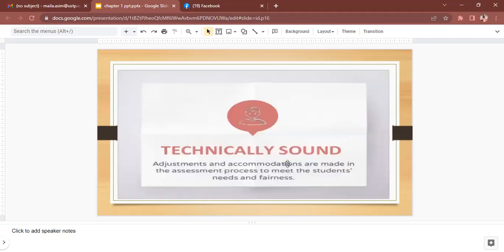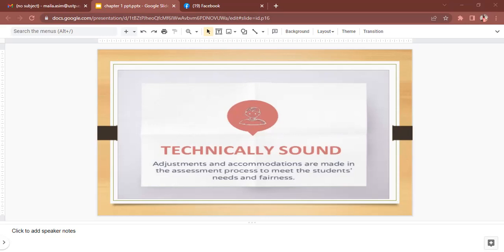Next is technically sound. The 21st century assessment should be technically sound because students demonstrate what they know and how they can apply that knowledge in ways that are relevant and appropriate for them. So adjustments and accommodations are made in the assessment process to meet the students' need and fairness.